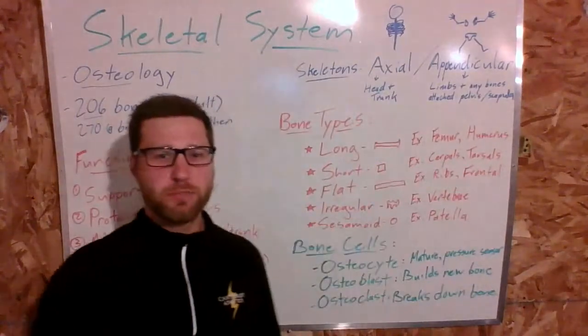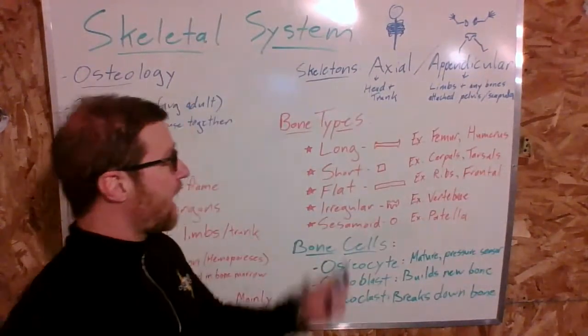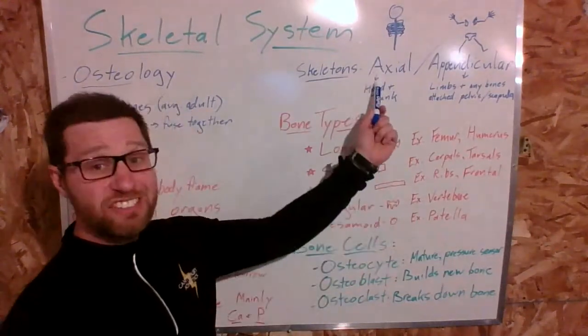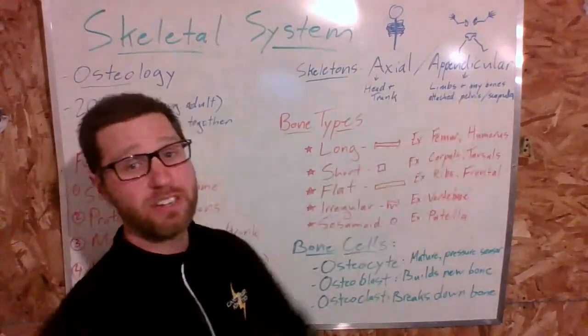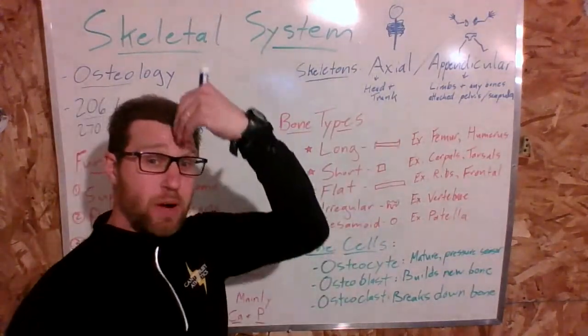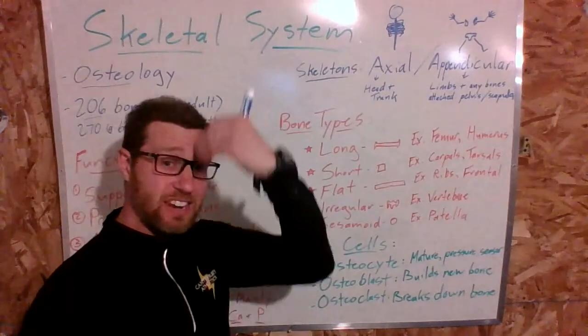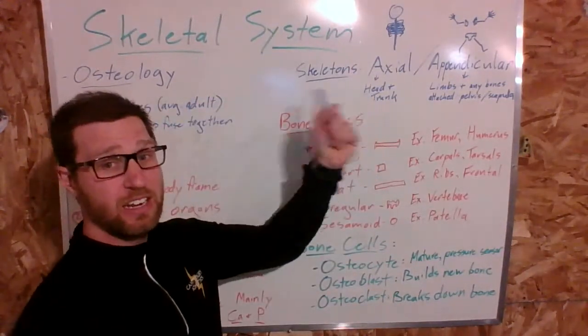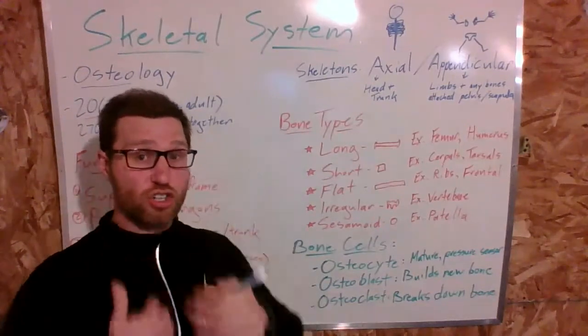All right, let's look at some different parts of the skeleton. You have two main parts to your skeleton. One is your axial skeleton and one is your appendicular skeleton. The axial skeleton, just like it sounds, around that central axis, that medial axis of your body, really comprises your head, your skull, and your trunk.